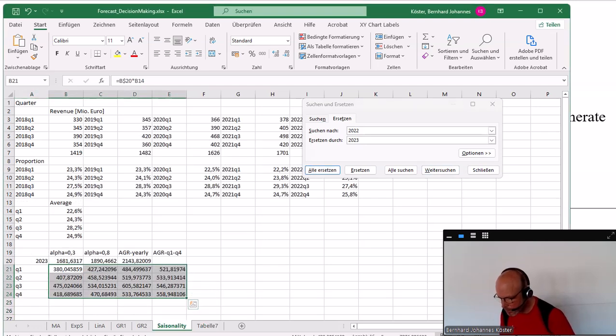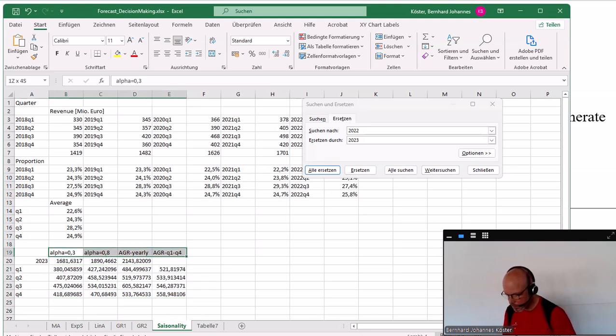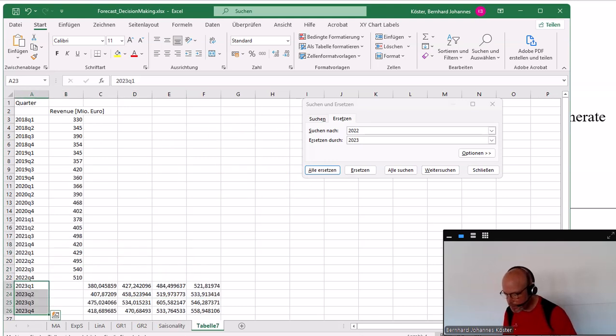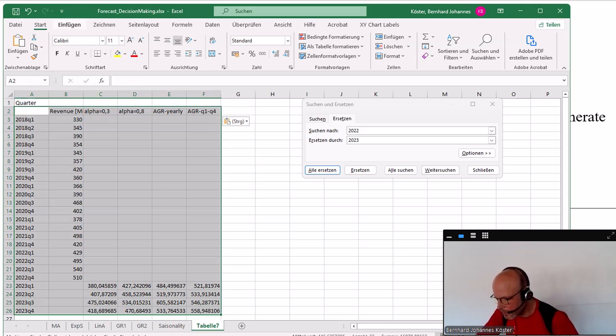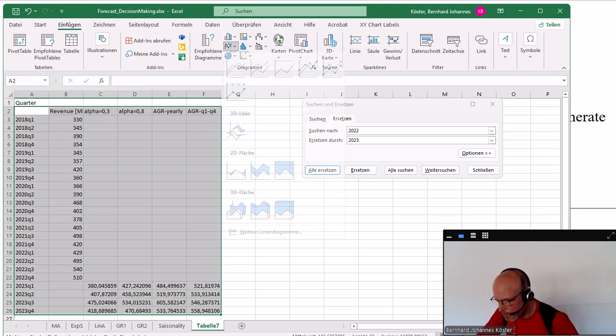And these are our forecast methods. And then let's have a look at how it looks.